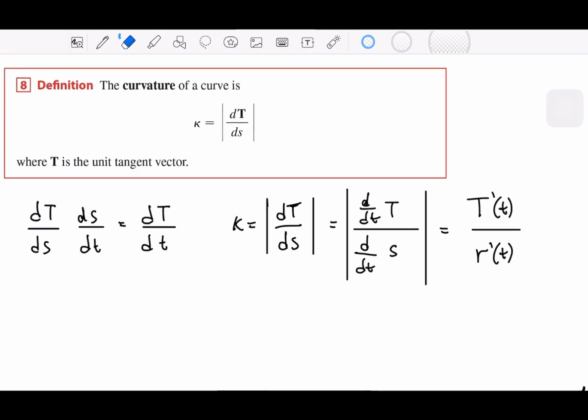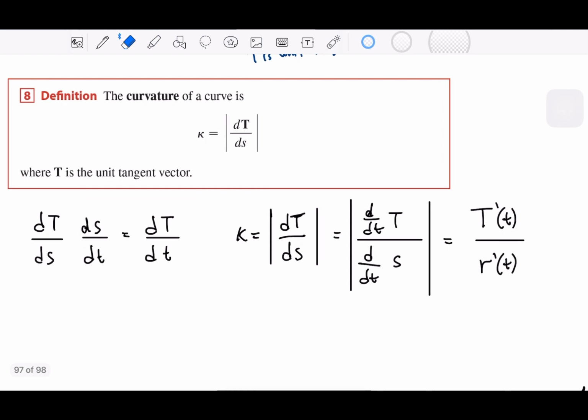Or we can write it into more, should be this, and this.